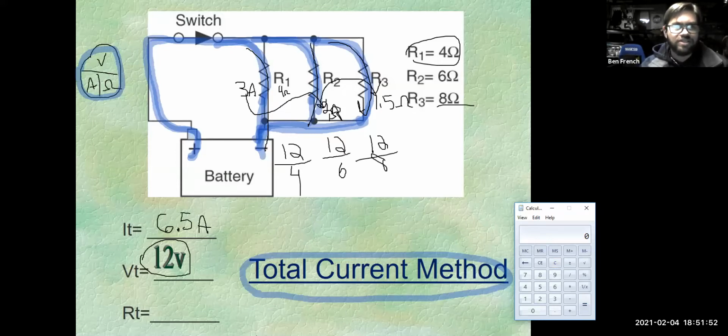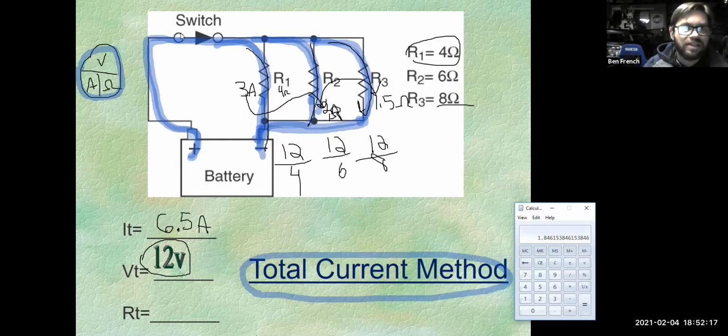All I got to do is take that 12 volts. So let me type it into the calculator. I got my 12 volts. I'm going to divide that by my 6.5 amps, 6.5, and I end up with 1.85 ohms.